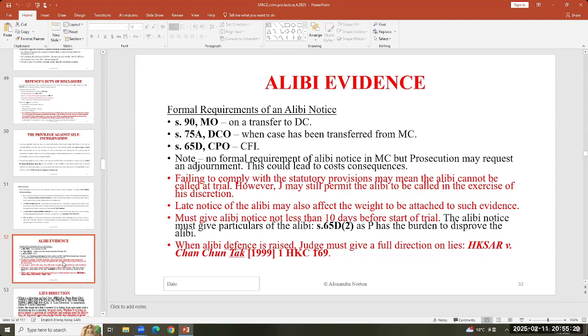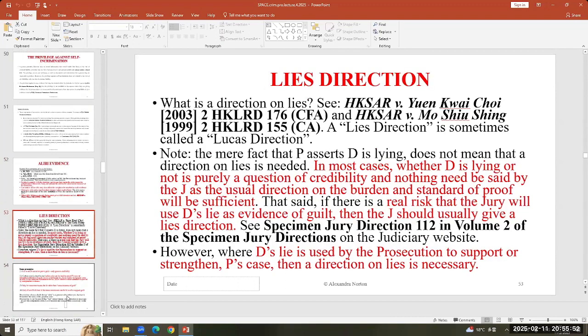That is that with late introduction of the alibi evidence or failing to comply with the requirements, the judge may still allow it to be introduced, but it goes to the weight to be attached to that evidence. Of course, there can be other consequences too, like adjournment and costs as well. But if the defendant is running an alibi defense, remember, the judge has to give a lies direction.